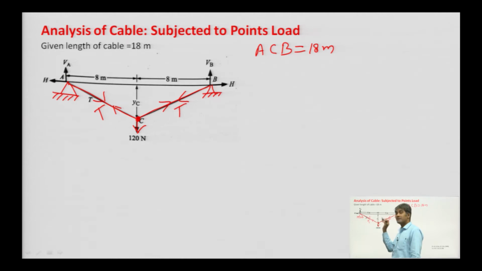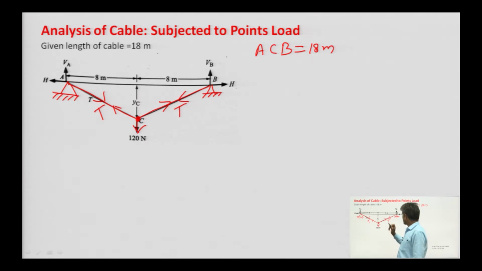In case of designing the cable, we will be able to design the cable if we know the value of the tension coming on the AC segment and CB segment. In this case, due to symmetry, the tension on both sides will be the same. Okay.